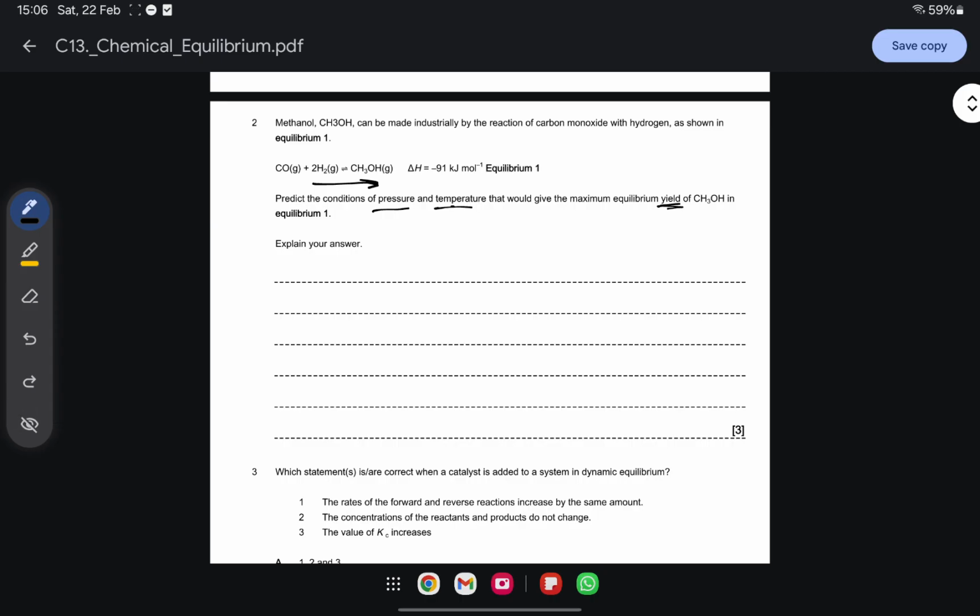We know that it's an exothermic reaction because it has a negative delta H, and that the left-hand side of the equation has more gaseous particles than the right-hand side.